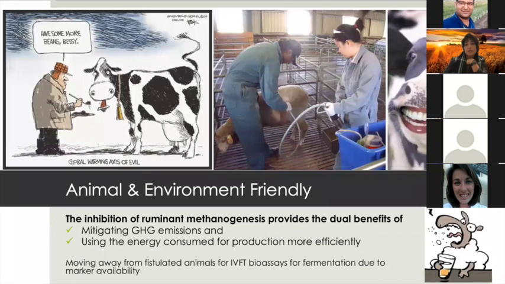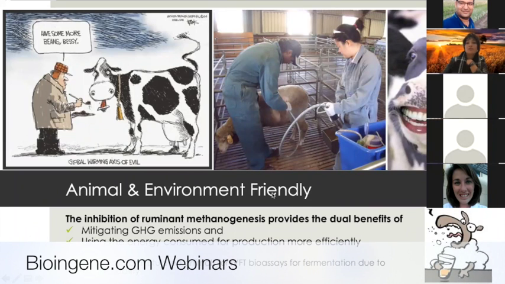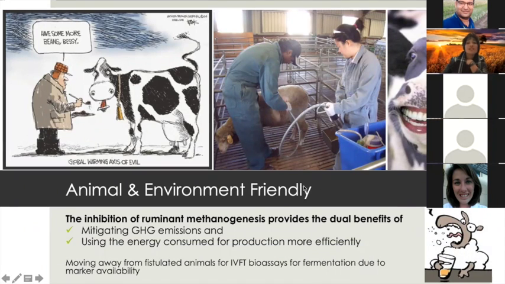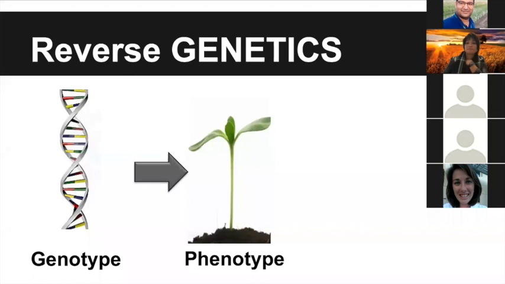That is a very good way to do animal and environment friendly breeding. Now we don't need to fistulate sheep and cows to study that and do the IVFTs. We've got a simple marker which we can use, do the PCRs, and everybody's happy.